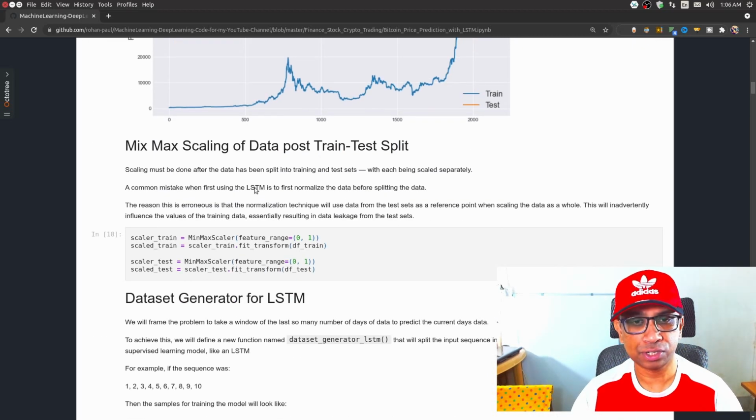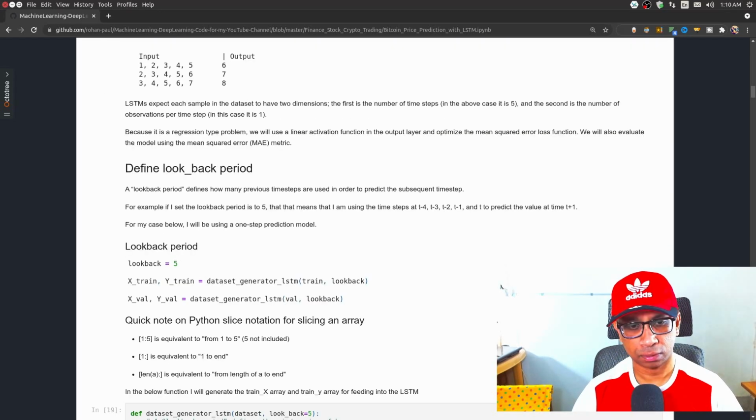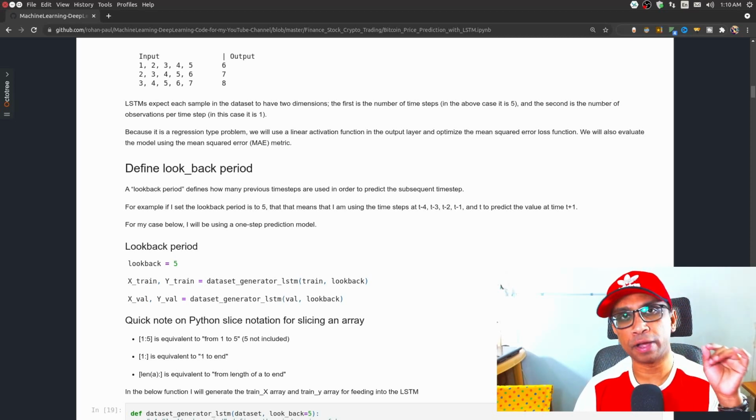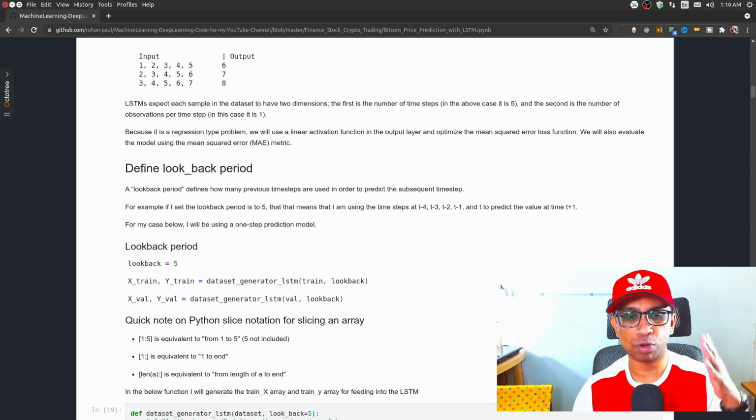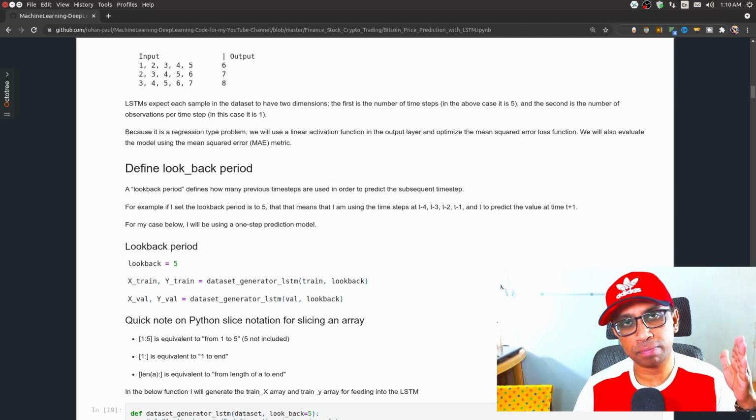And then we scaled the data down with min-max scaling. For this LSTM, I had the look back period defined to be 5. That is, the most important architecture of this LSTM was that I'm looking back at the previous 5 days of data, and then I am predicting the 6th day of data.